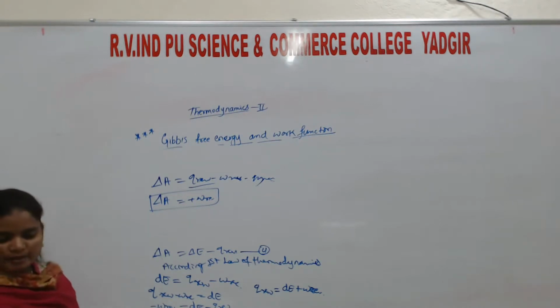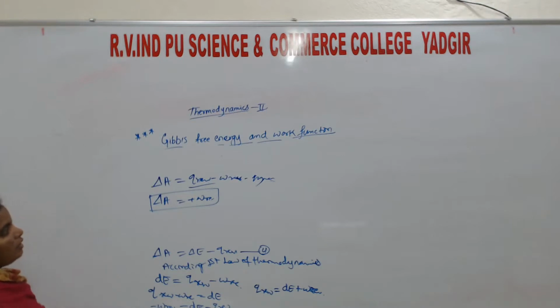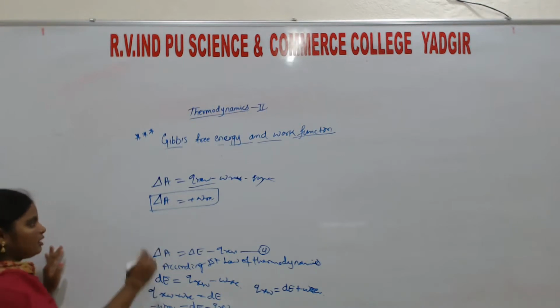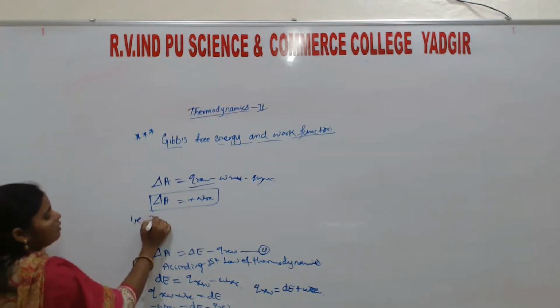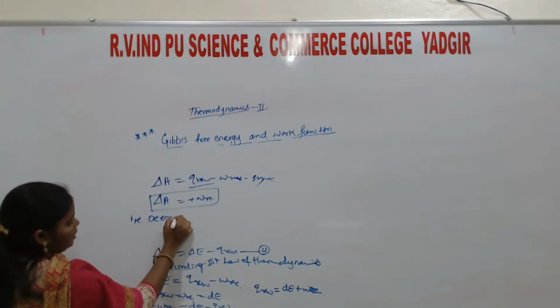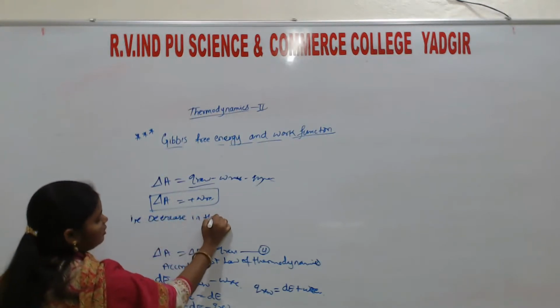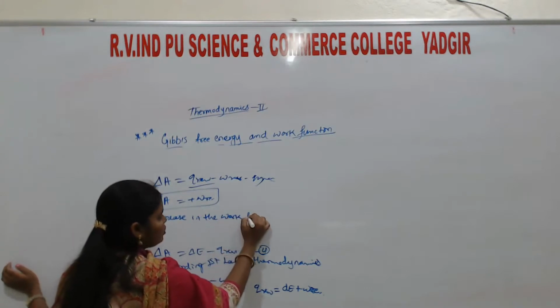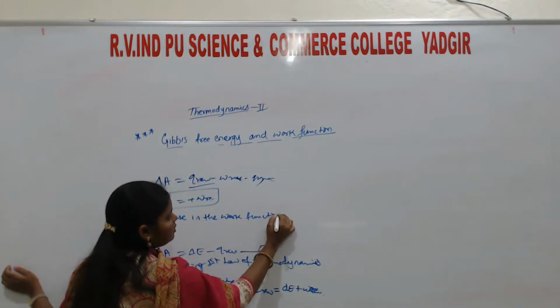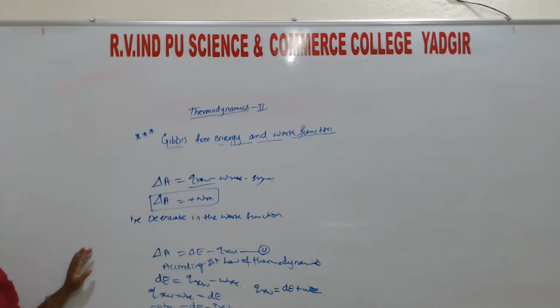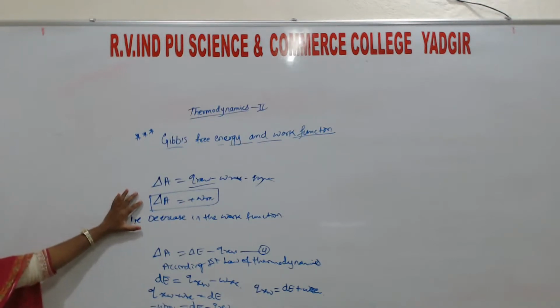Afterwards, this is the decrease in the work function. That is, you write minus delta A is equal to W reversible.